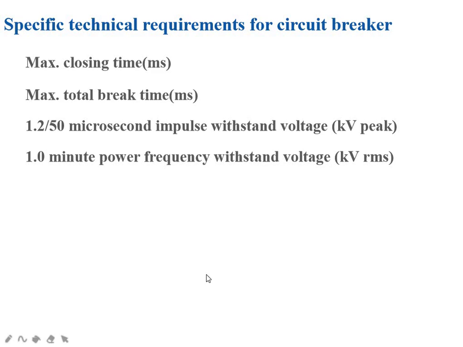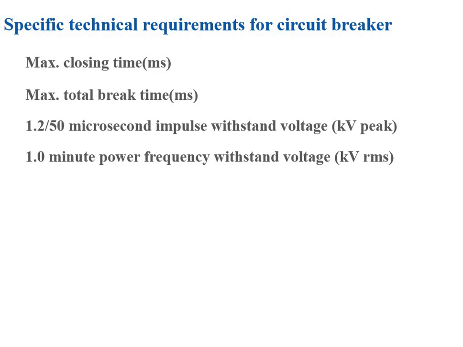Similar to that, the 1 minute power frequency withstand test is also there, expressed in kilovolt RMS. Generally 2.5 times the voltage used for your insulation design is applied across the insulation of that circuit breaker for 1 minute, and if that insulation withstands that voltage for 1 minute, then the test is passed.